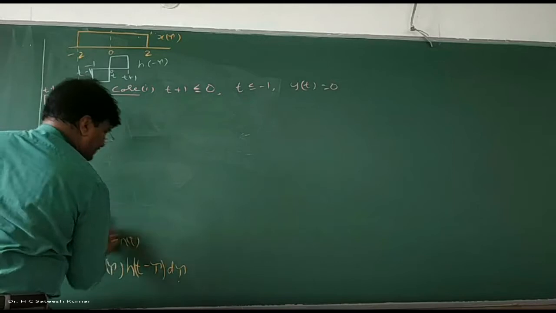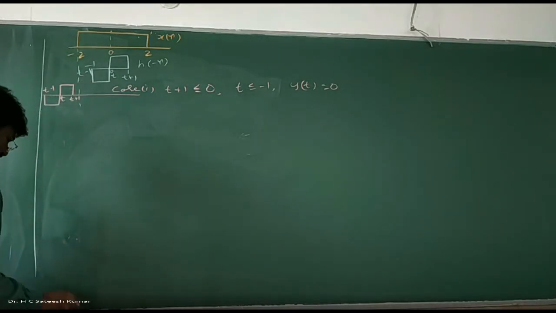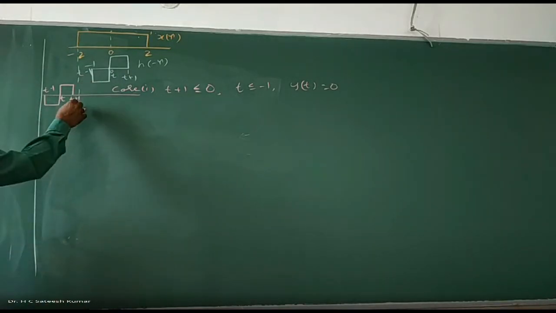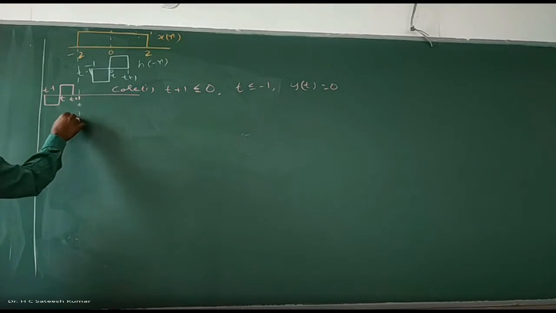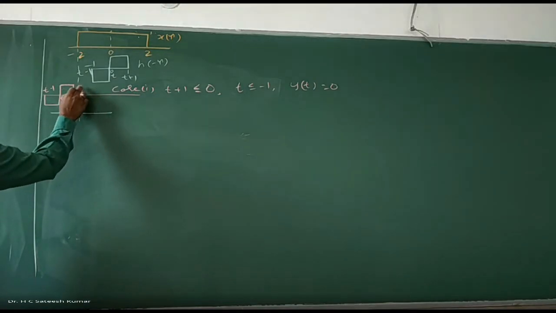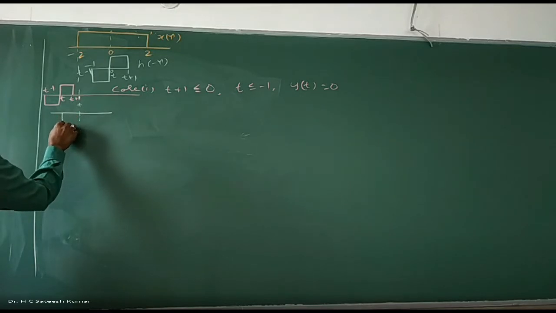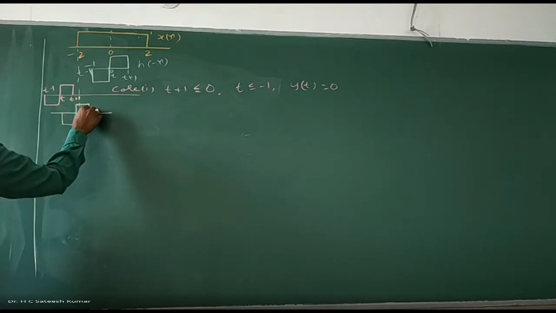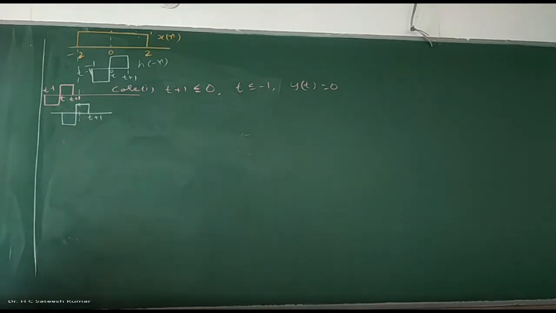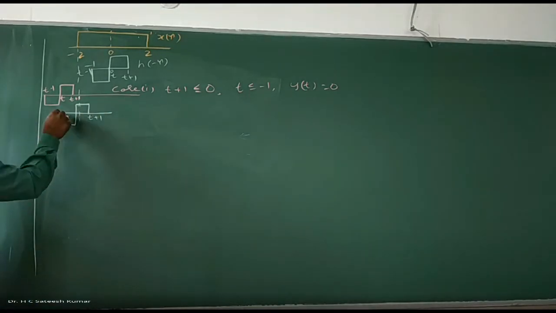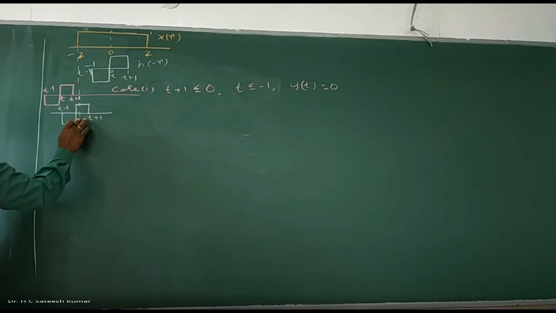Next, we have more cases. Now, case number 2. What do we have? This has started moving like this. This is t plus 1, this is t minus 1, and this is t.